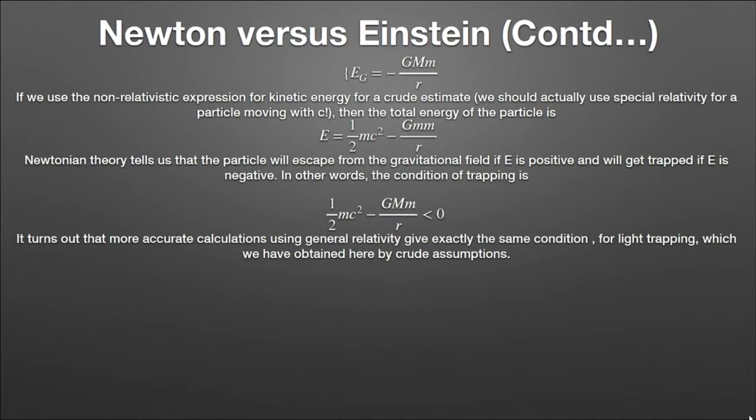The Newtonian theory tells us that the particle will escape from the gravitational field if E is positive, and it will get trapped if E is negative. In other words, one half mc square minus GMm by r less than 0. If it is less than 0, then we get the condition of trapping.